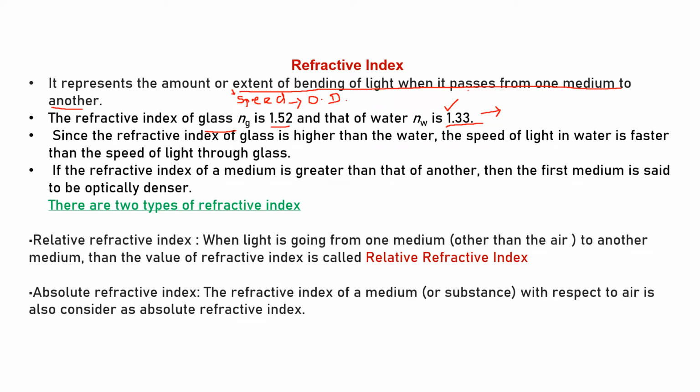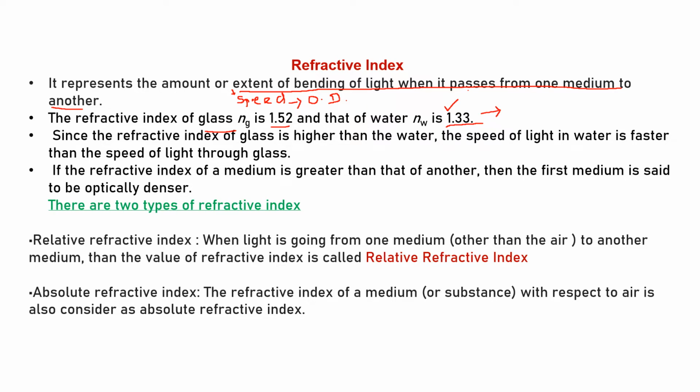And here the refractive index of glass is higher because the optical density is more. If the optical density is more, speed will be less. So this is what refractive index is. Since the refractive index of glass is higher than water, the speed of light in water is faster than the speed of light through glass, right?